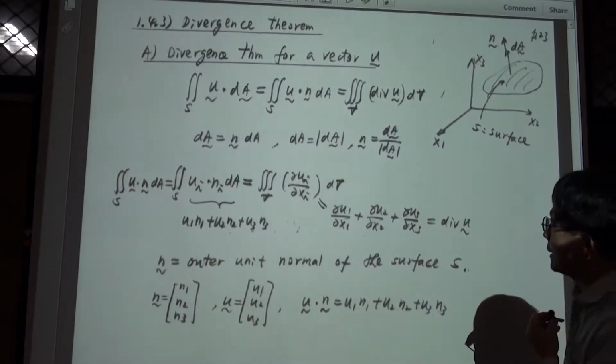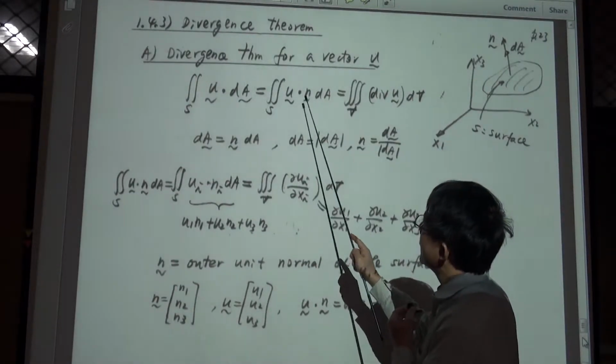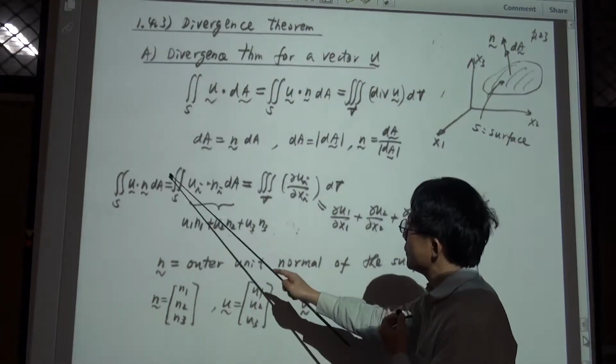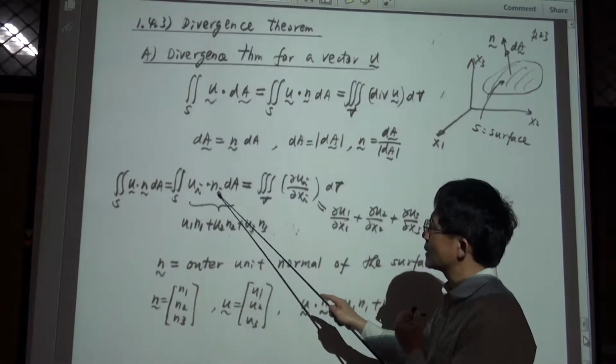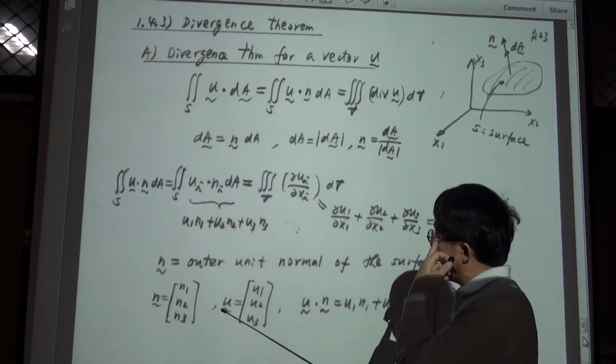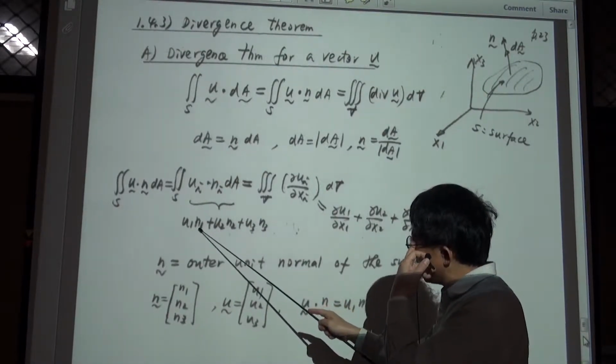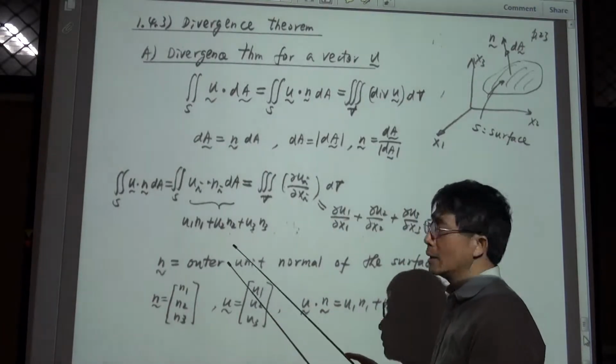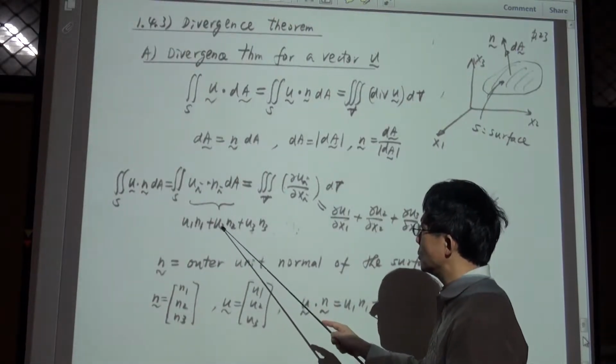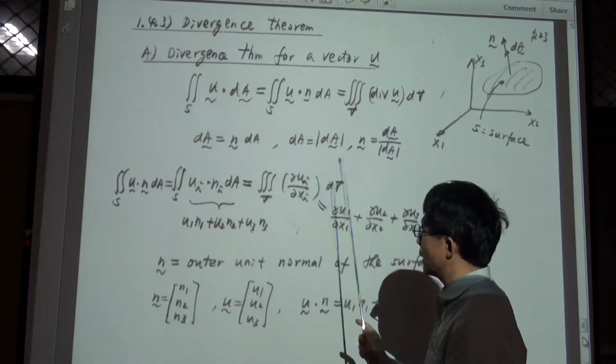Okay, and then in the index form, this one equals this one, and then the inner product can be written this way. Now the index i is repeating, so we sum it over 1 to 3. Okay, u1 n1, u2 n2, u3 n3, and sum together.